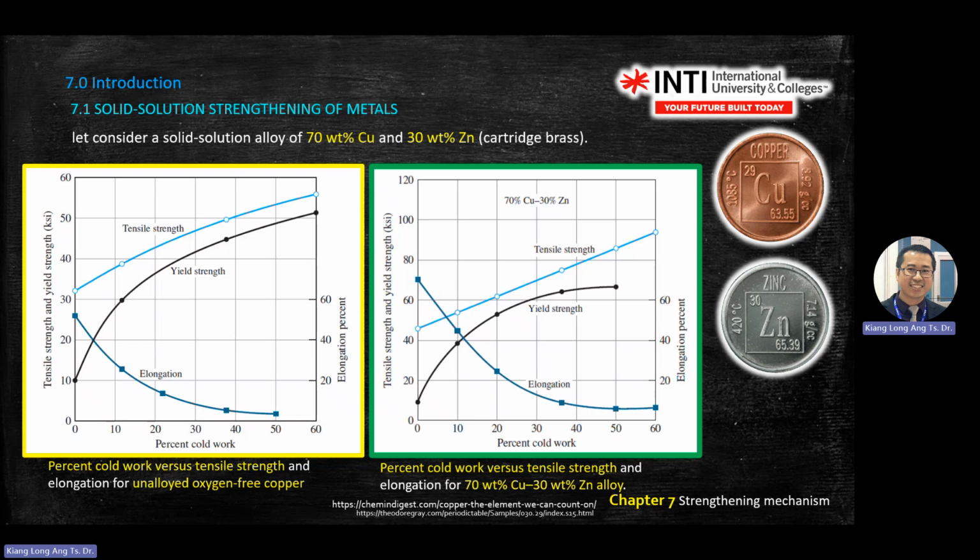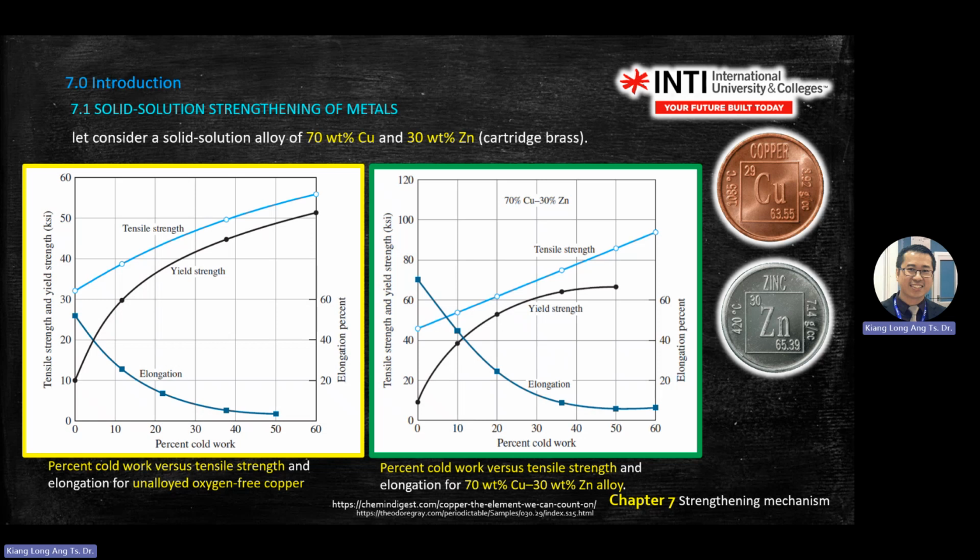And the one on the right is also the same. The difference here is that one is oxygen-free copper. Another one is in the 70-30 percentage. Same y-axis, same x-axis.